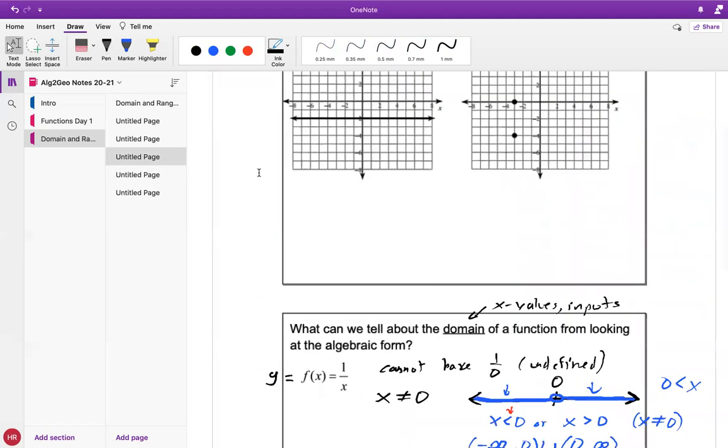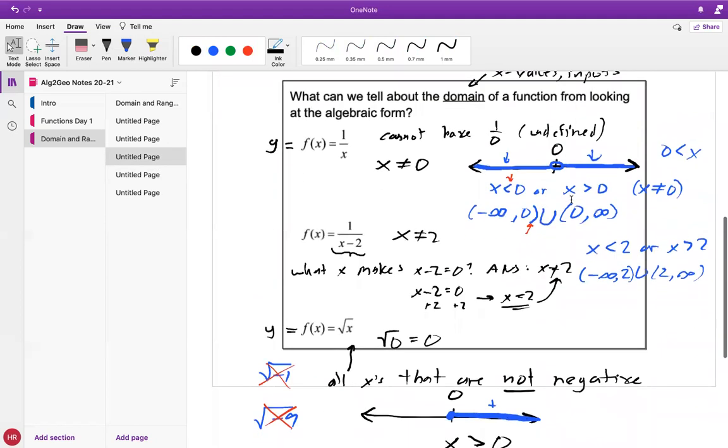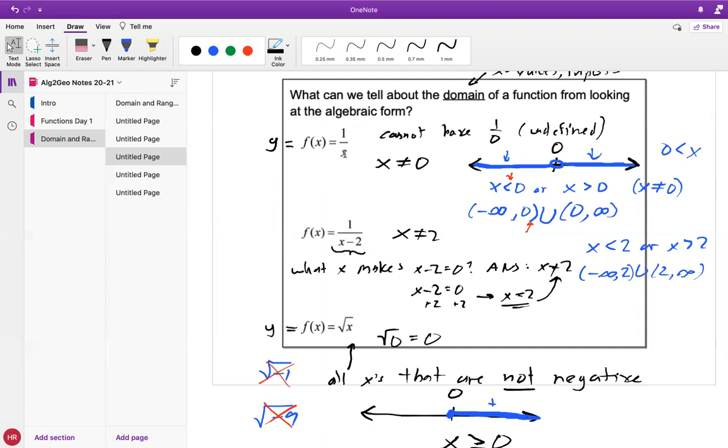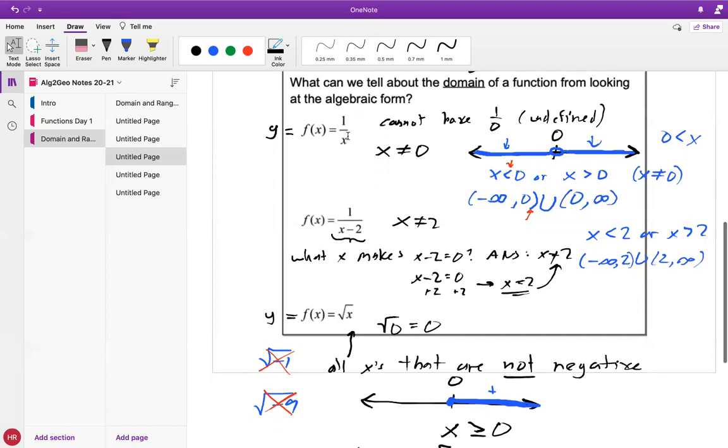All the stuff that I just did is all explained right here. That's cool. We look at if there's an x on the bottom, that's usually going to cause a problem in the domain. And if there's a square root, that's usually going to cause a restriction on the domain. It's going to cause us to not be able to use some values of x. Here, we couldn't use the x's that made for these two.